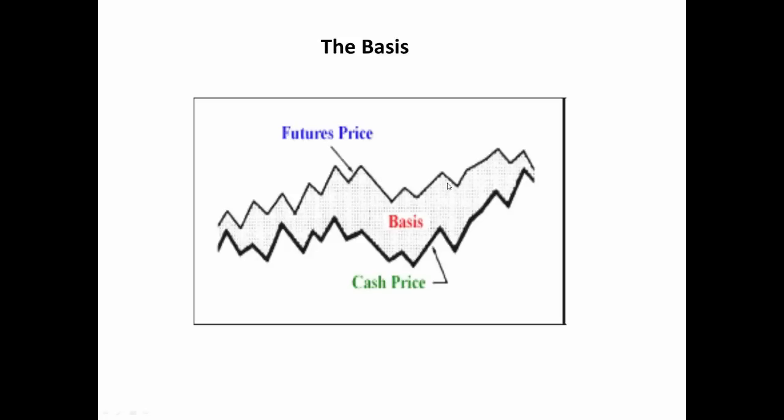Because of the supposed efficiency of the market, when the futures contract gets closer to expiry, we should see convergence between your futures price and your cash price, because ultimately when your futures contract expires, you receive the physical commodity, and we can't see why there should then be a difference between your spot price in the cash market and your futures price at delivery. But over the lifespan of the contract, you see this gap between the two, and that's what we call basis.